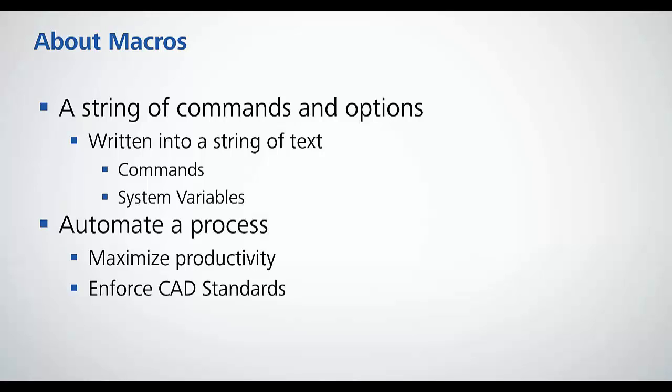You know, we as AutoCAD users, we tend to have to repeat things all the time, the same process over and over again. So we learn to automate those processes. This maximizes productivity, and if we automate things, we can also enforce the CAD standards of the organization or just your standards as to how you like to work, with the type of workflow you like to use.